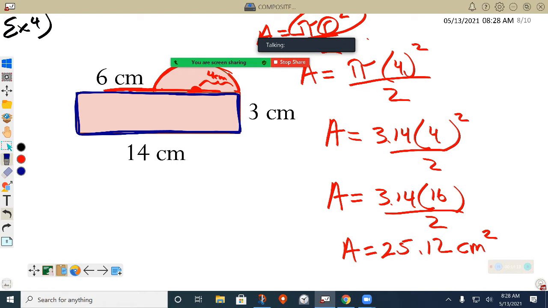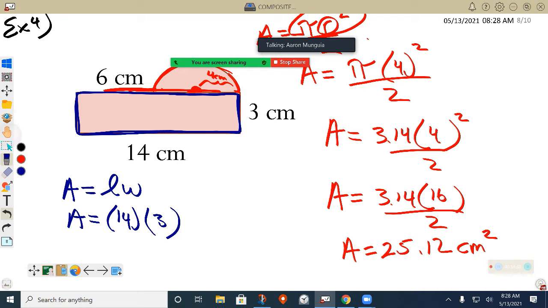Area of the rectangle now, length times width. So area then is going to be 14. That's the length of the rectangle. The width is going to be 3. Let's see, 14 times 3.